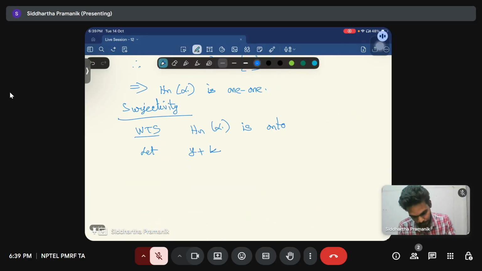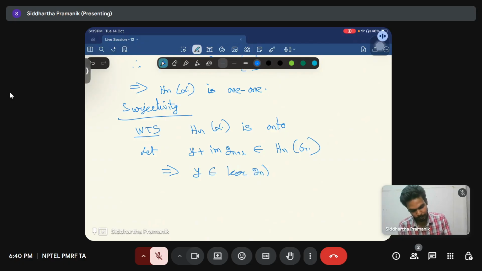So let y plus image of g_{n+1} belong to the nth homology of g. So this implies y belongs to the kernel of the nth map. This is a subset of g_n.